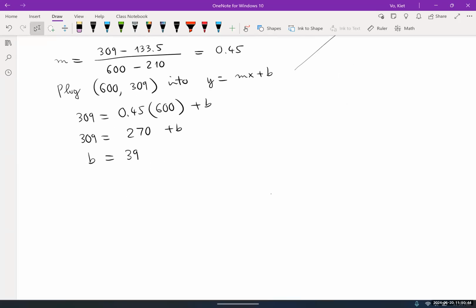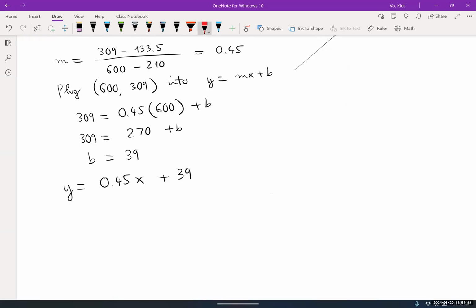So the equation that we have is y equal to 0.45x plus 39. What does this number 39 mean in this situation? The 39 represents the fixed cost per month. No matter how many minutes you use, you always have to pay a fixed cost of $39.